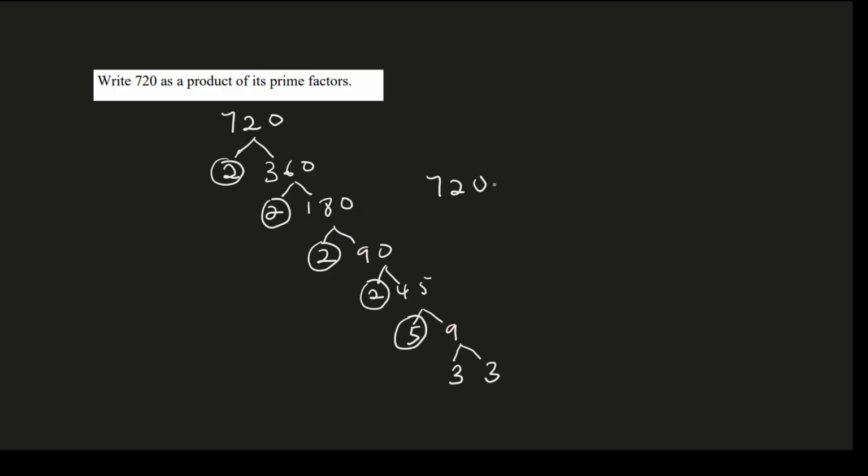Writing 720 as a product of its prime factors, we have 2 times 2 times 2 times 2 times 3 times 3 times 5, which can also be written as 2 raised to the power 4 times 3 raised to the power 2 times 5.